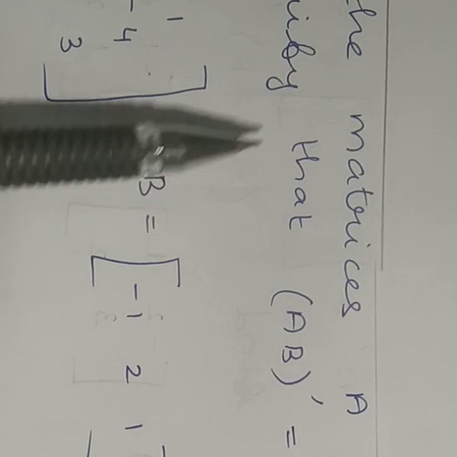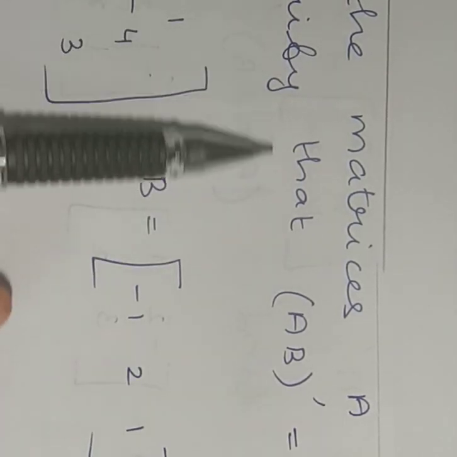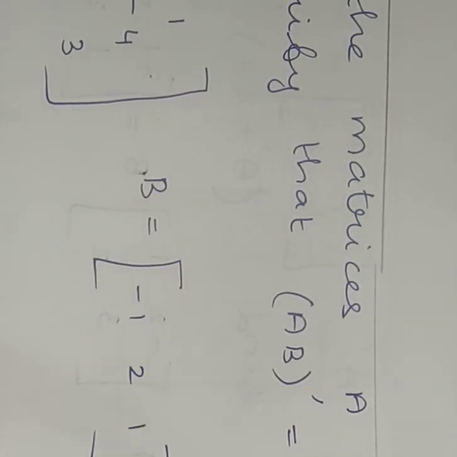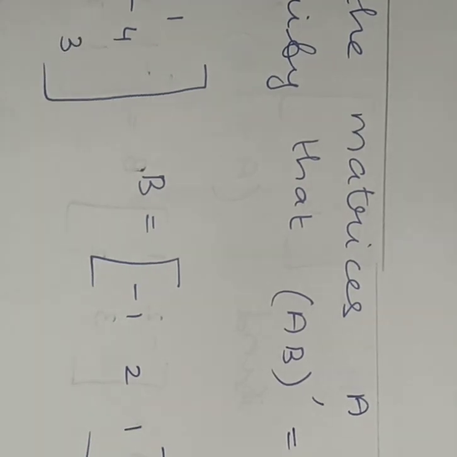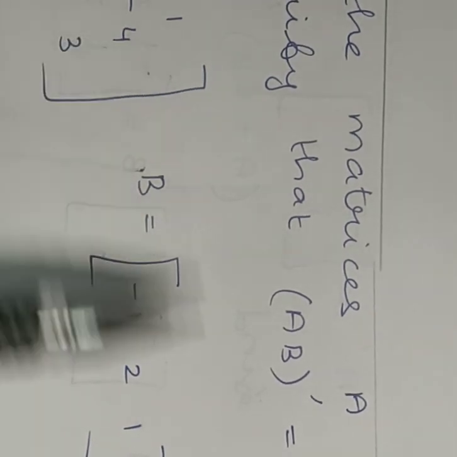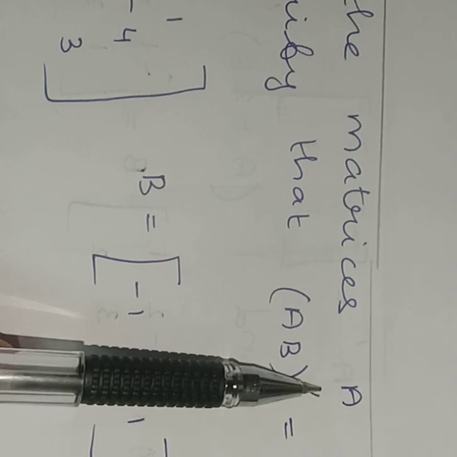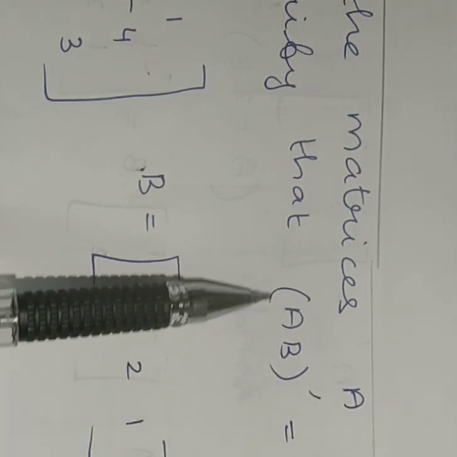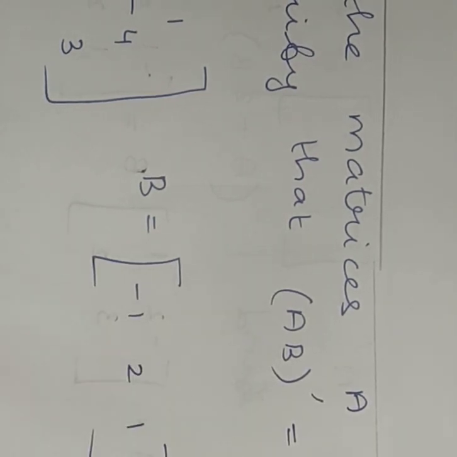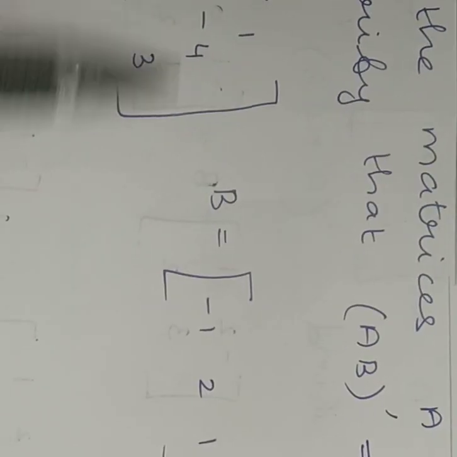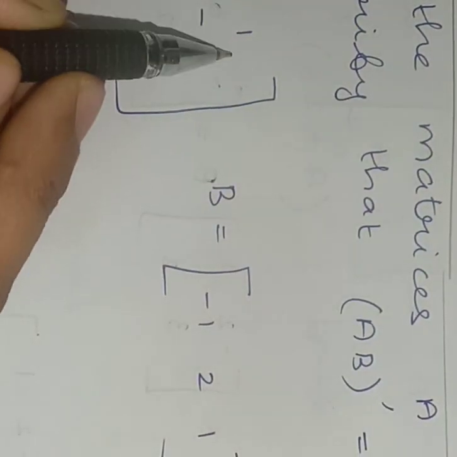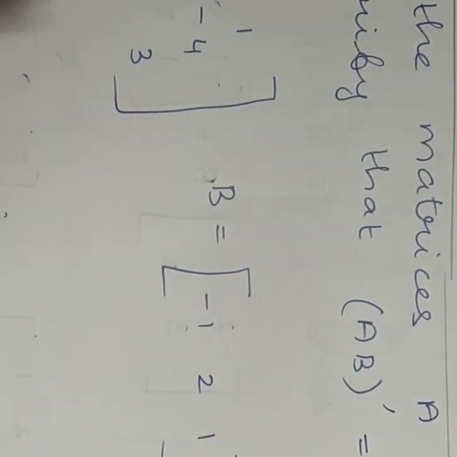Fifth question. For the matrices A and B, verify that (AB) the whole dash is equal to B dash A dash. A is given, B is given. Okay. First we should find (AB) the whole dash, which should equal B dash A dash. Here we are completely going into the multiplication. So AB means, first row, first column, right?